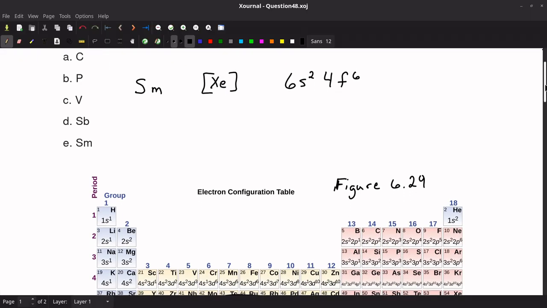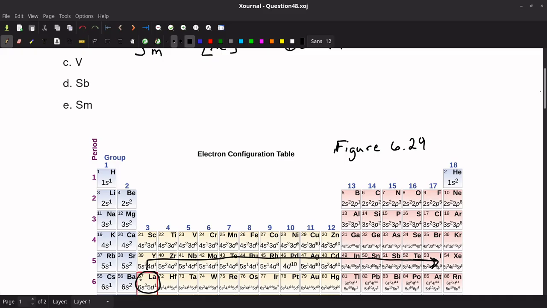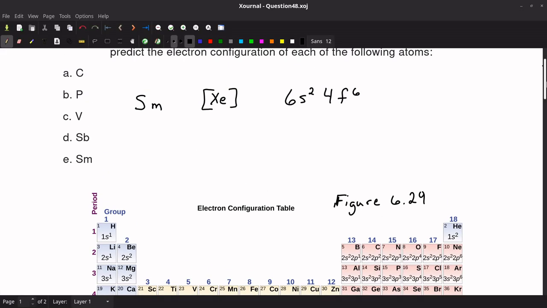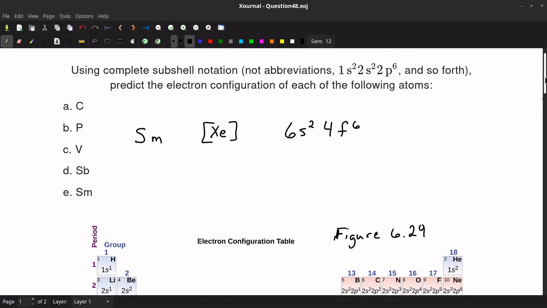Okay. After that, we would just have to write down all of these all the way down in order to get the full-on electron configuration.